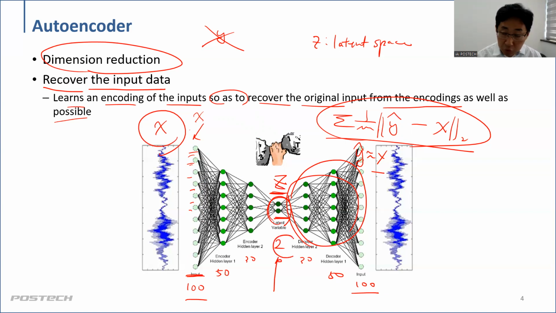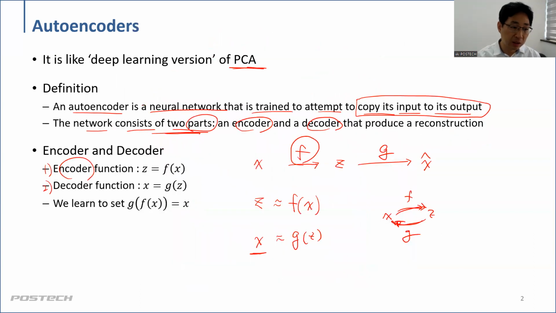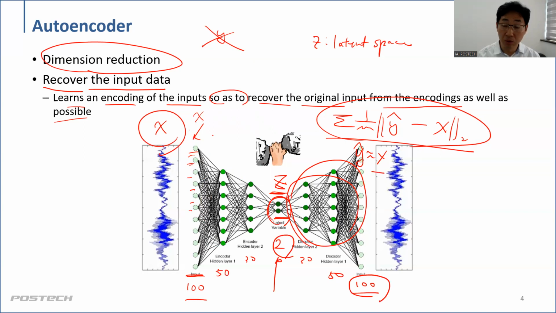Starting from 2, for instance, we have to reconstruct 100. So that's why, as in the previous slide, the network consists of two parts. The first one is the encoder, and the later part is the decoder. Data compression and data reconstruction, or restoration.